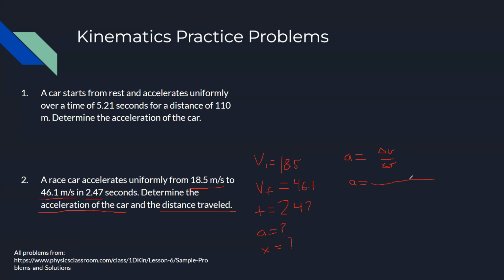And when you have delta, that's basically what it's asking, change in. So v final would be 46.1 minus 18.5 over delta t, which is 2.47. And we find acceleration, and that equals 11.2 meters per second squared.